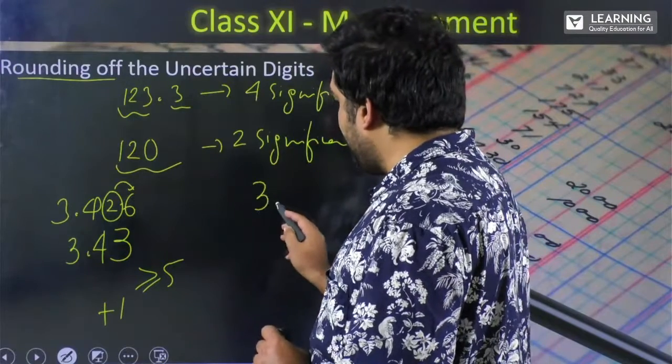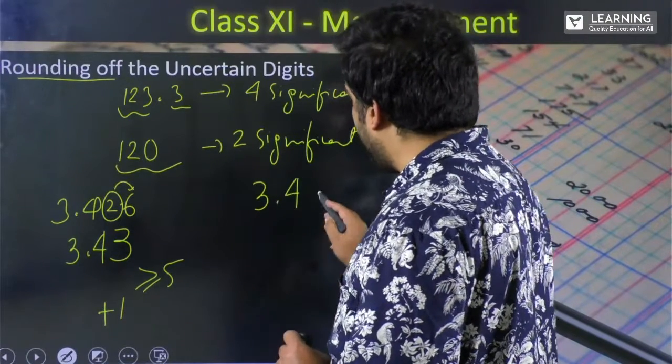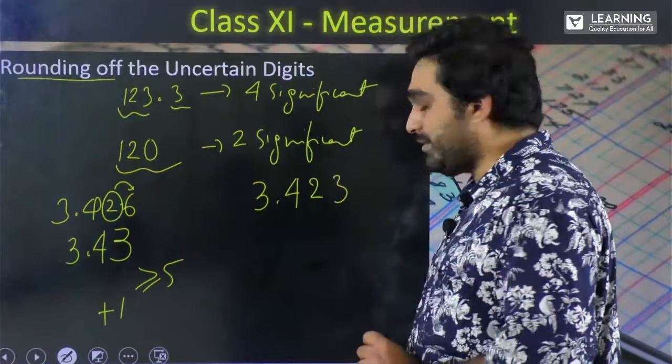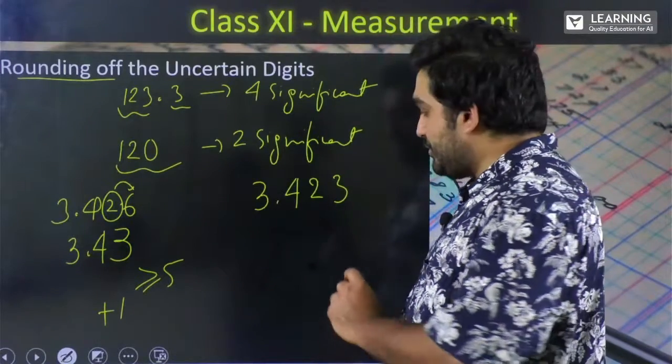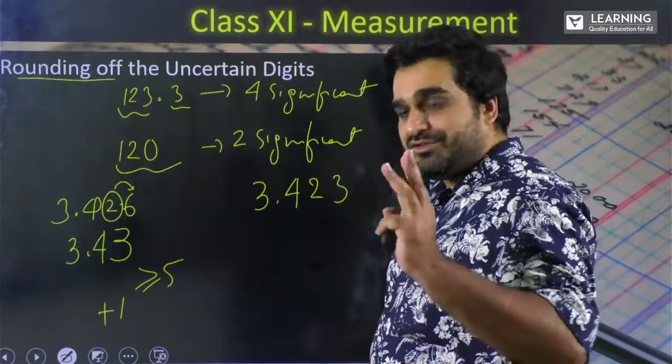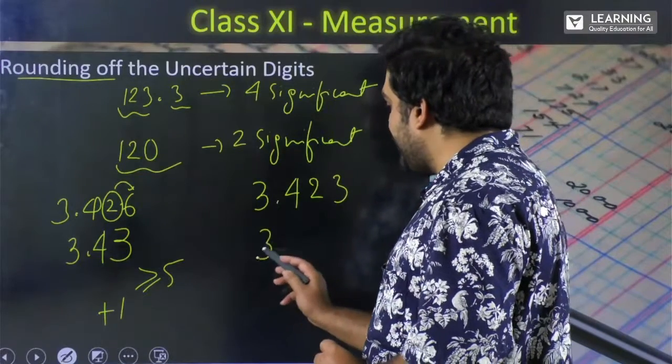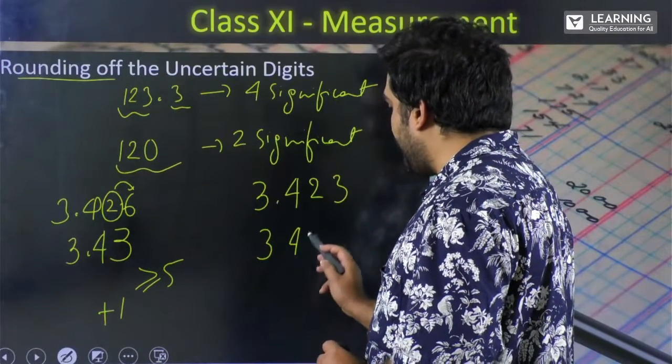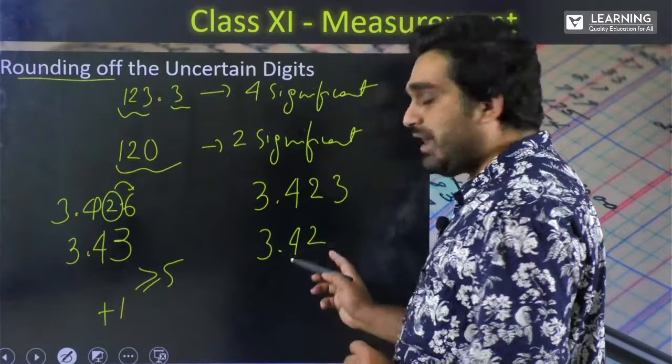Similarly, if the number is 3.423, change this 4 significant figure to 3 significant figures, then you get the solution, which is 3.42. So what just happened here?